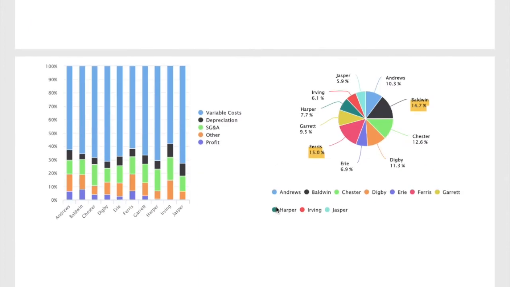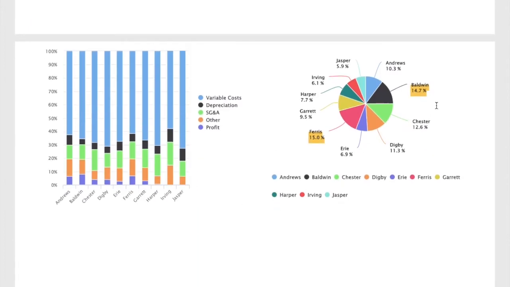Okay, so let's see. I mentioned before, Team Baldwin and Team Ferris did a pretty good job selling in the market segment. We can see the sales directly indicate your market size. So Team Baldwin and Ferris are in pretty good shape, not dominating yet, but have a pretty huge piece of the pie in the market.